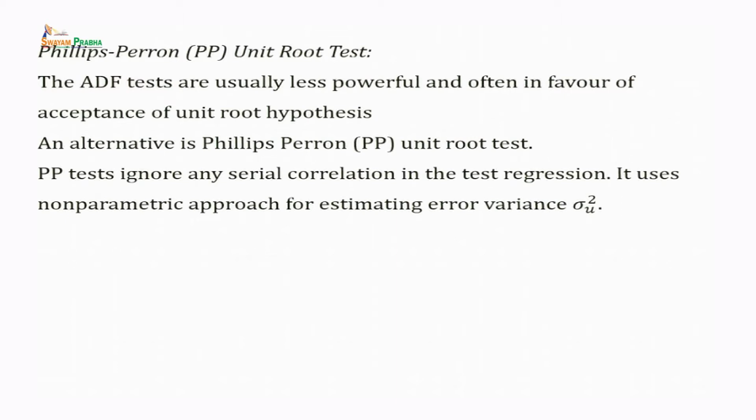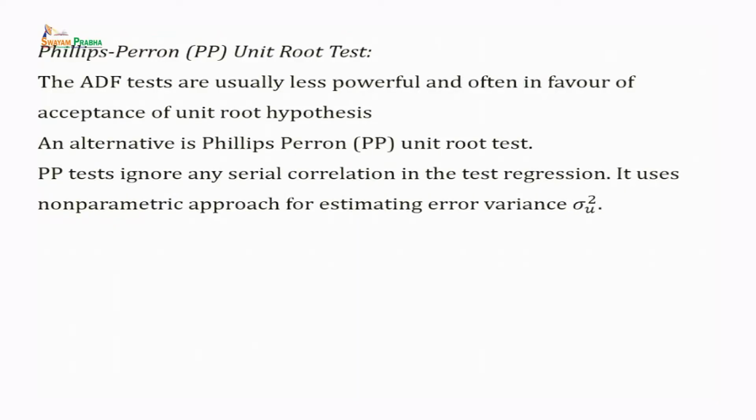In fact, in the Phillips-Perron test, the test ignores any serial correlation in the test regression. So, while estimating the test regression, the Phillips-Perron test does not consider any augmentation term, it ignores the serial correlation. And then for estimating the variance term, it uses a non-parametric approach.